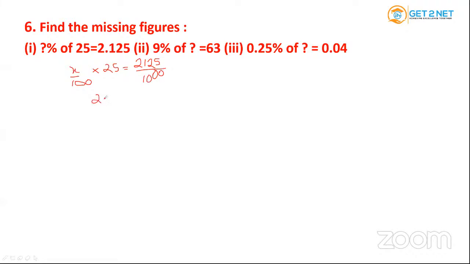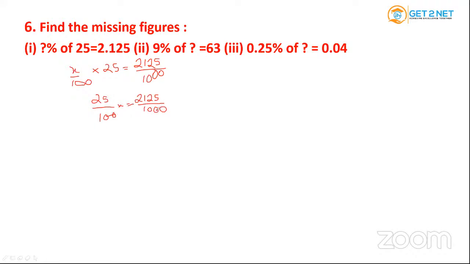25x by 100 equals 2125 by 1000. You can go for the lengthy method, or you can straight away cut here. See, there are 2 zeros this side and 3 zeros this side.